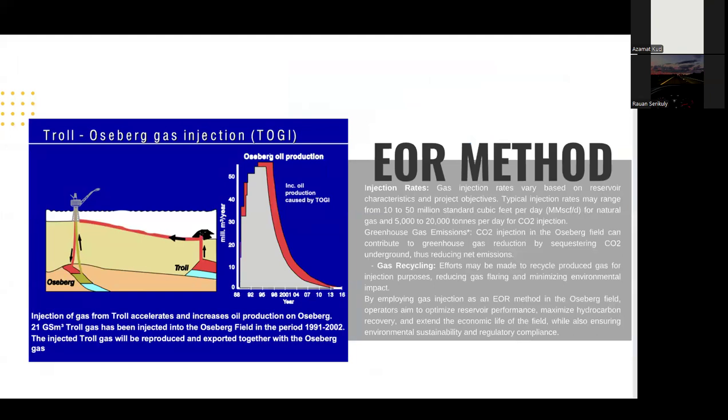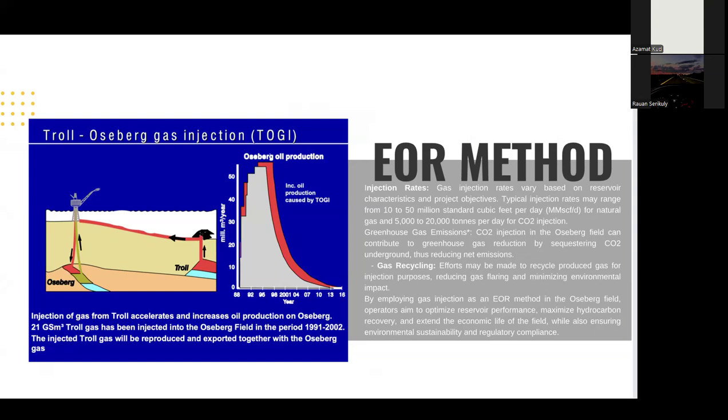And the Oseberg gas injection from the Troll accelerates and increases the oil production on Oseberg. The Troll gas was injected into the Oseberg field in the period of 1991 until 2002, and the injected Troll gas will be reproduced and exported together with the Oseberg gas.